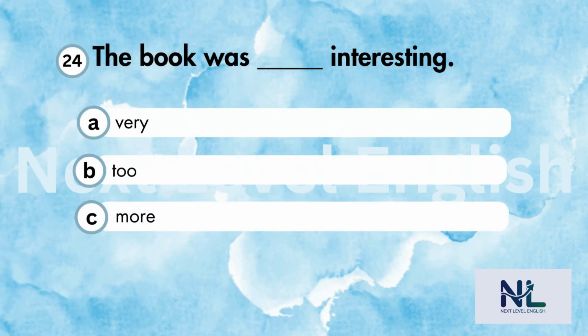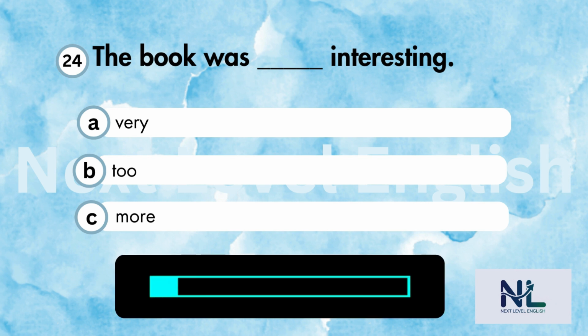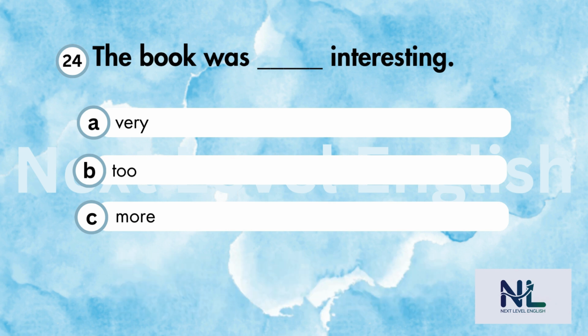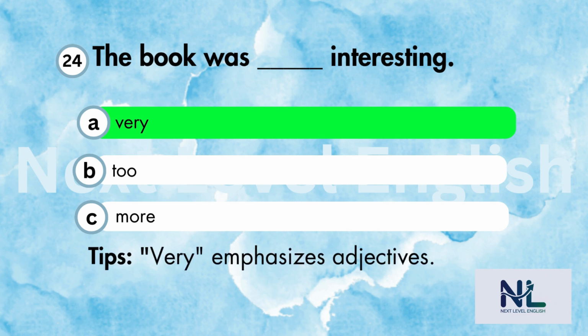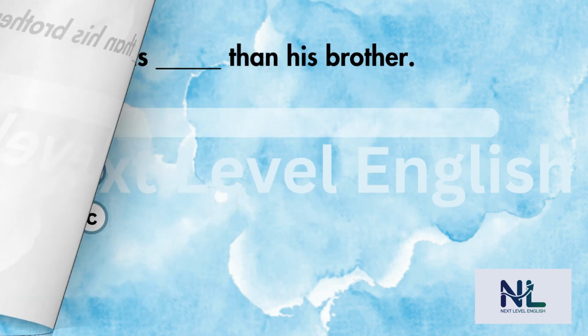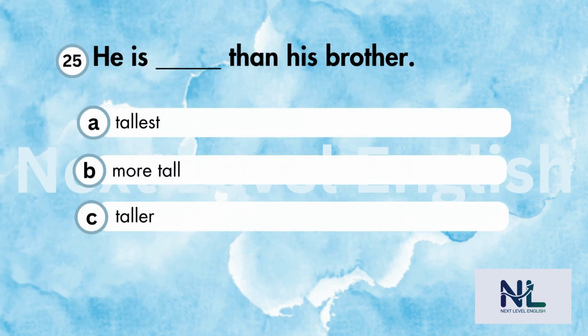24. The book was interesting. Very. Tips: very emphasizes adjectives. 25. He is than his brother.